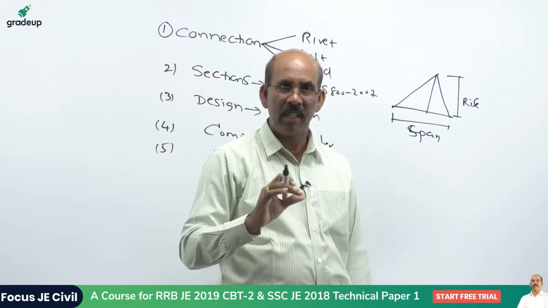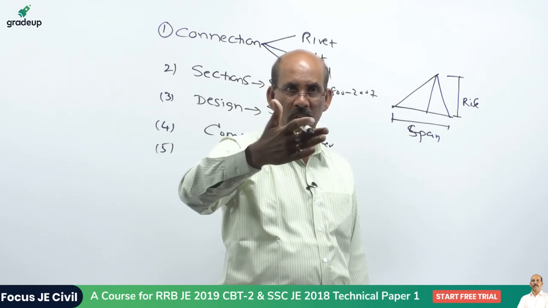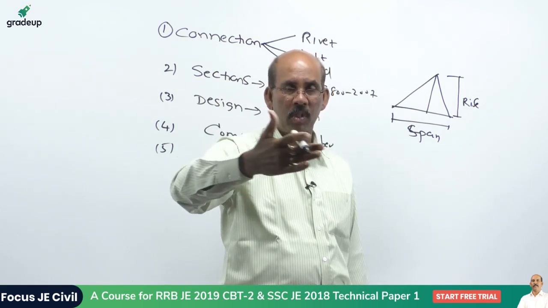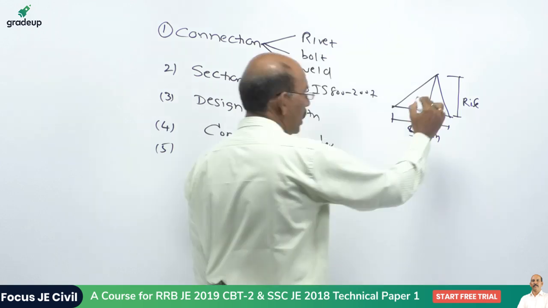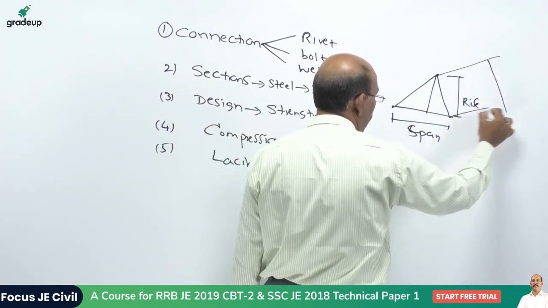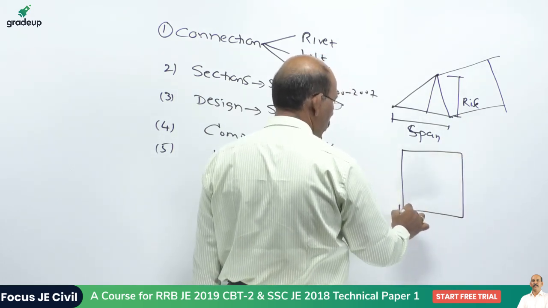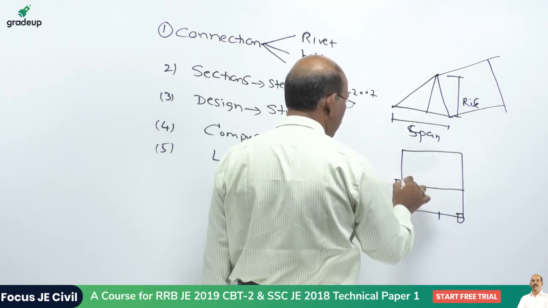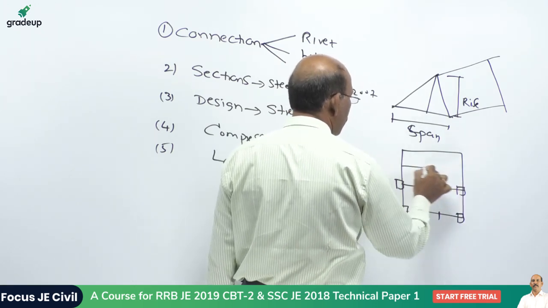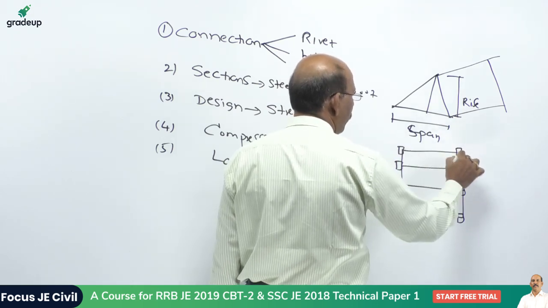Coming to the spacing, as you mentioned. The spacing of the trusses is a very good question. Suppose in your plan you can see truss 1 here, the next truss is behind truss 1, and here is truss 3. So like this you have n number of trusses.